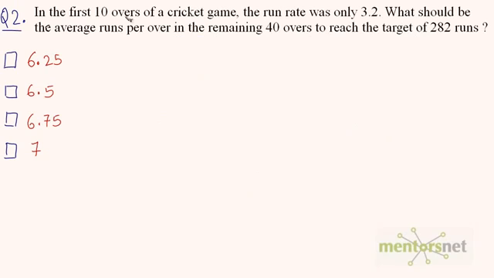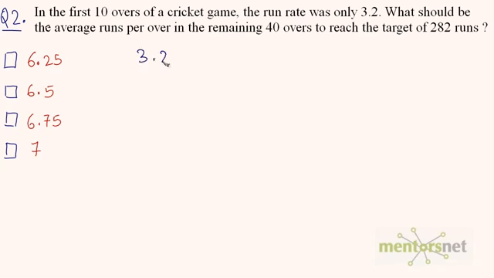In the first 10 overs of a cricket game, the run rate was only 3.2. What should be the average runs per over in the remaining 40 overs to reach the target of 282 runs? Well, the average of runs for the first 10 overs is given, and that is 3.2 runs.